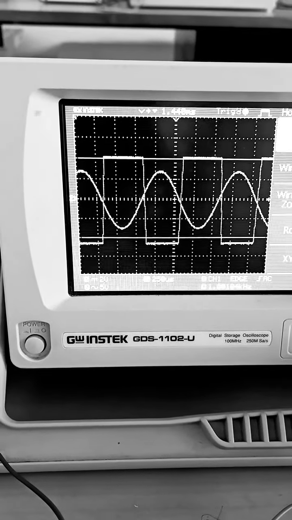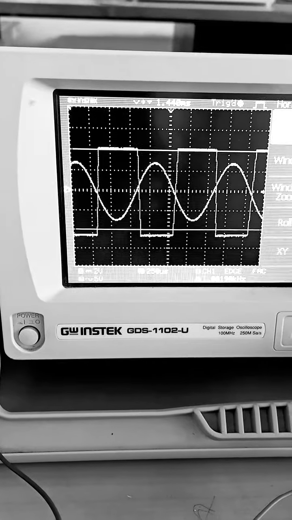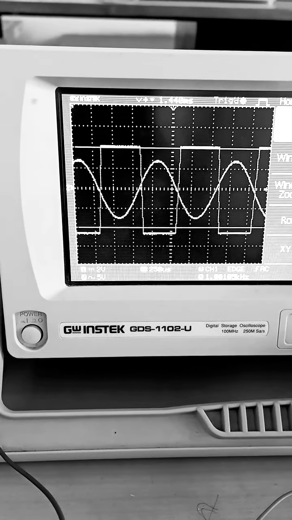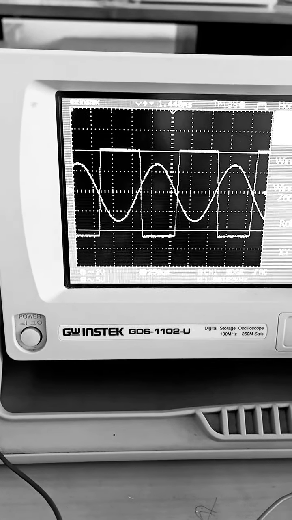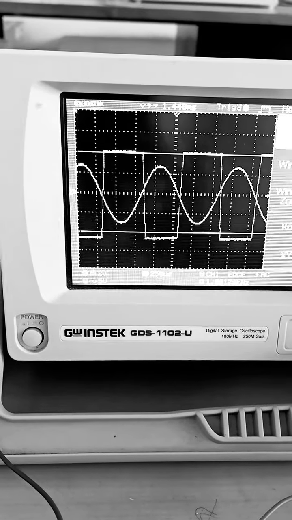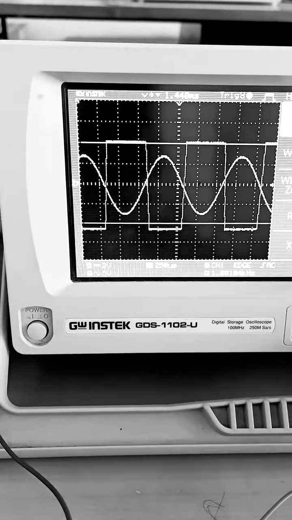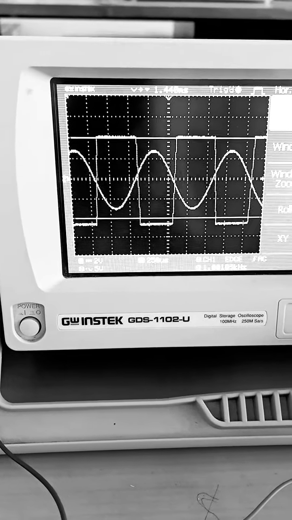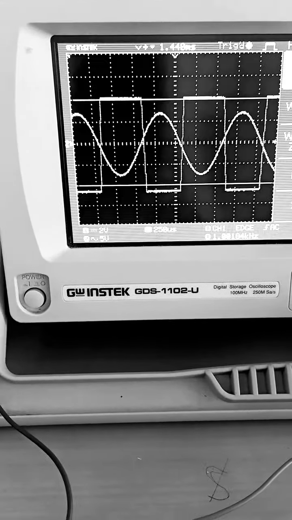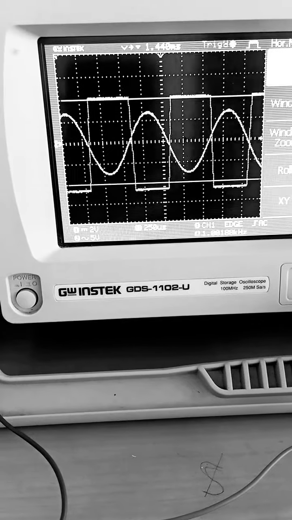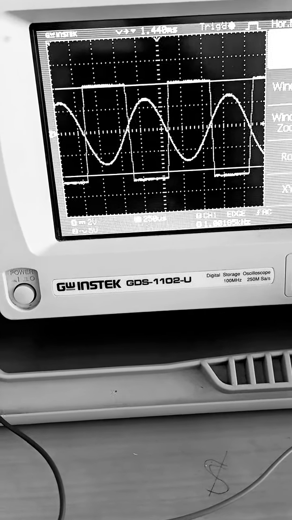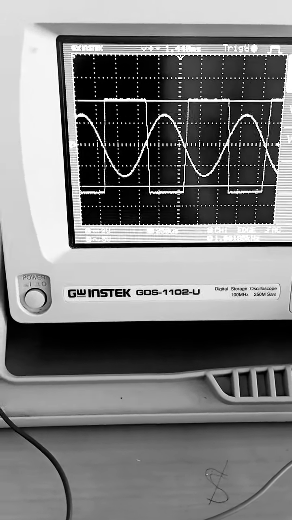It is a square wave, that is the output is shifting between plus V saturation to minus V saturation and minus V saturation to plus V saturation at zero crossings. So if you use a feedback resistance between pin number 6 and pin number 3, it will act as a Schmitt trigger. Otherwise, it acts as a zero crossing detector.